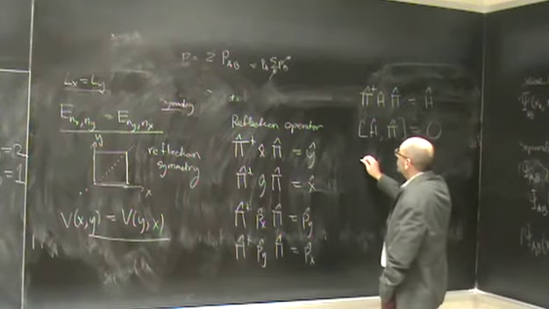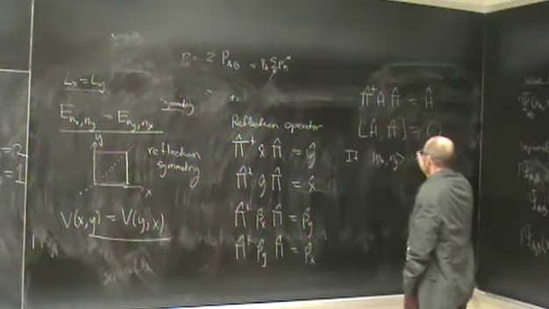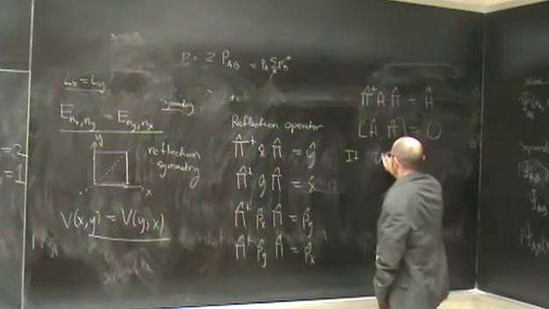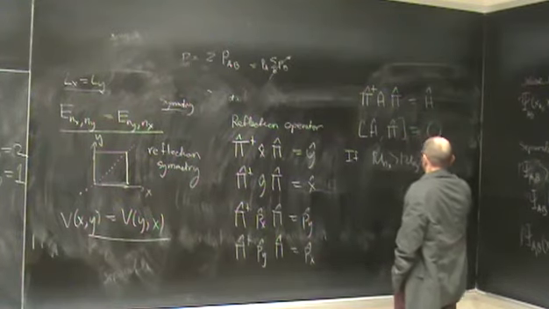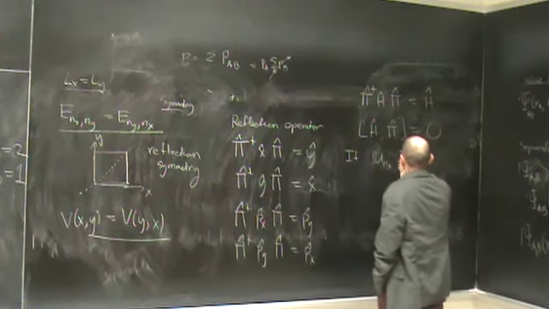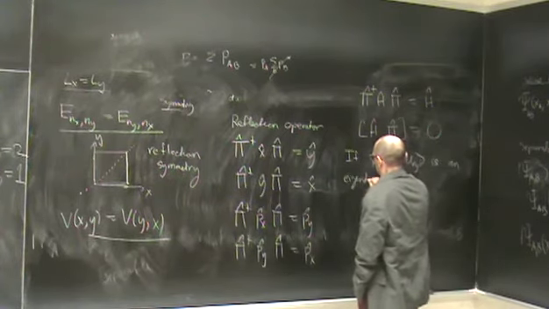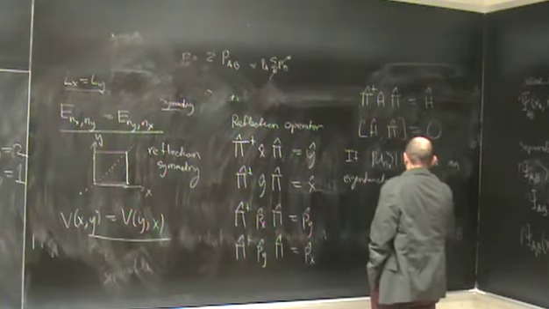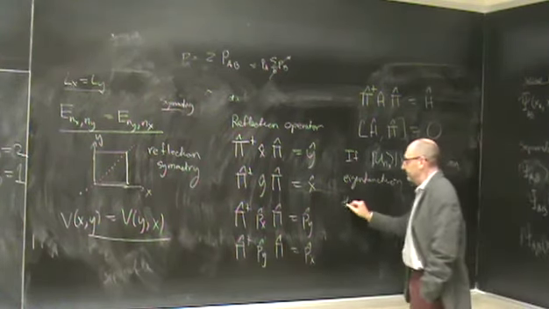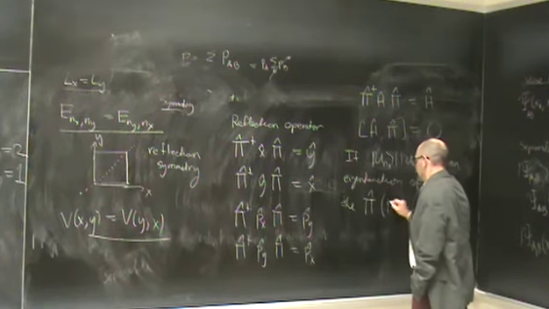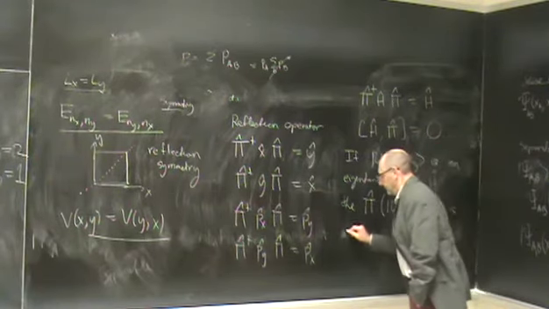So if nx, ny is an eigenfunction of H, then pi acting on this is an eigenfunction with the same eigenvalue.